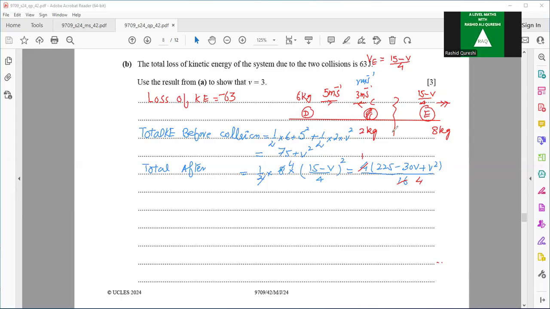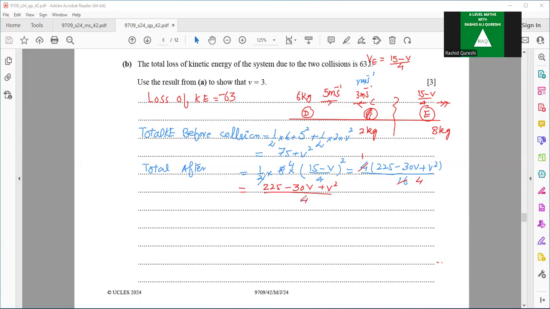So what will you do over here? The total energy after the collision becomes (225 minus 30V plus V square) divided by 4.